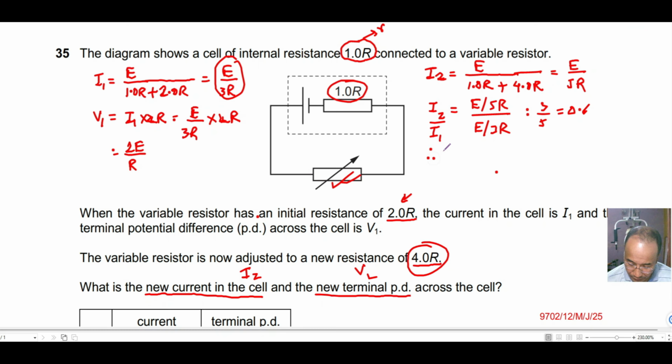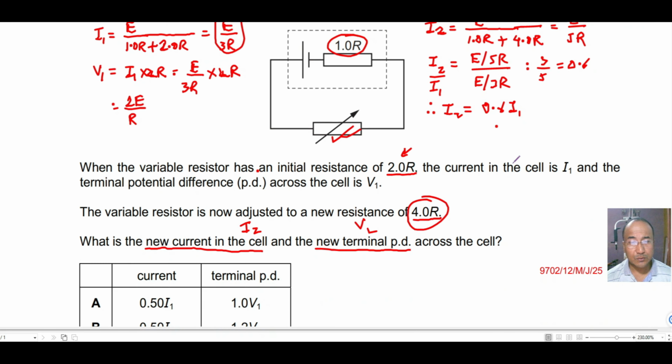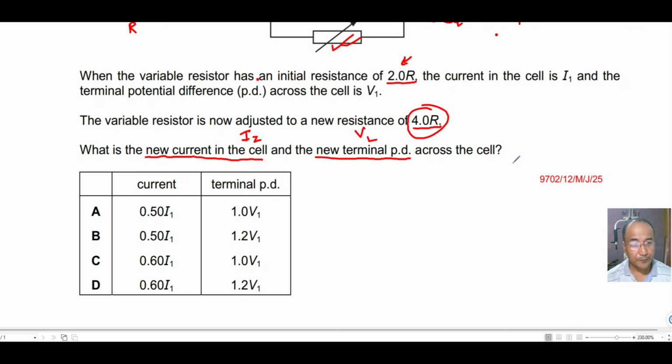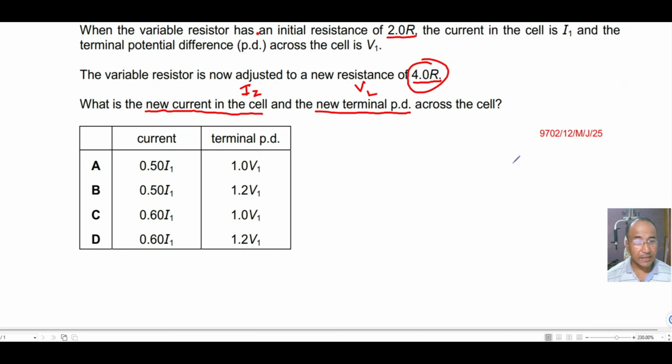So therefore our I2 is equal to 0.6 into I1. So if I search the answers, choice number C and D have 0.6, others don't. So these two cancel out and C and D remain.